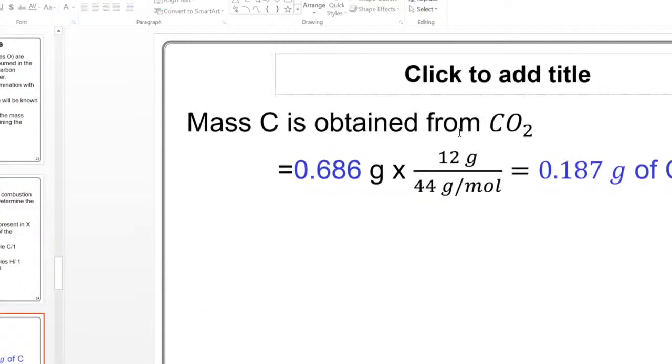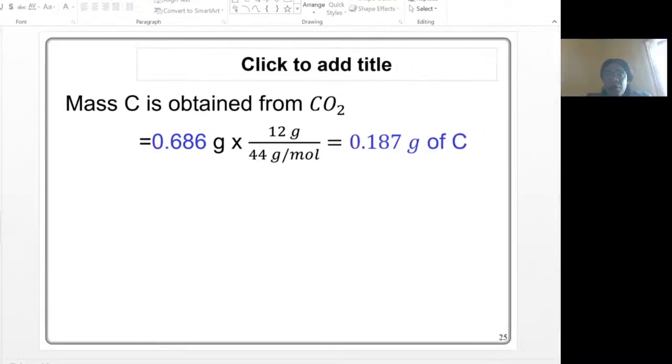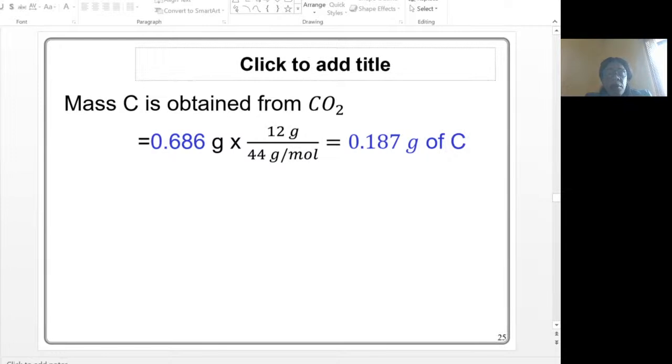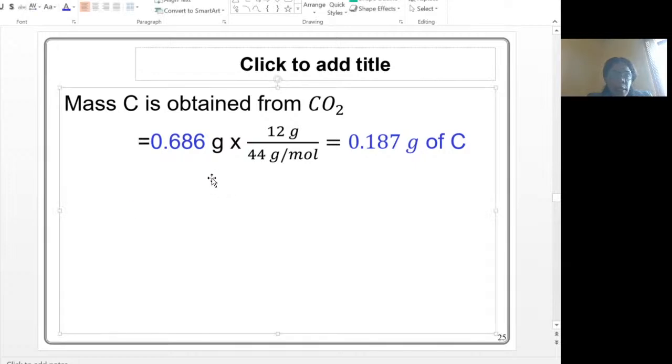And if we use this second method, we are getting 0.187 grams. So we can go now to hydrogen. Let us determine the mass of hydrogen. We follow this same method.